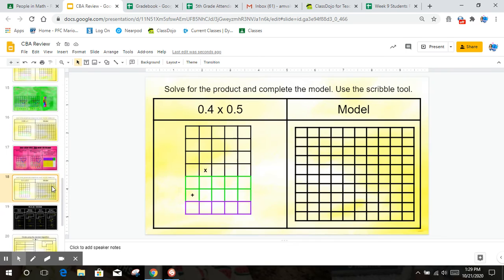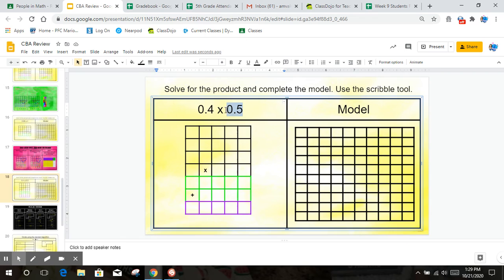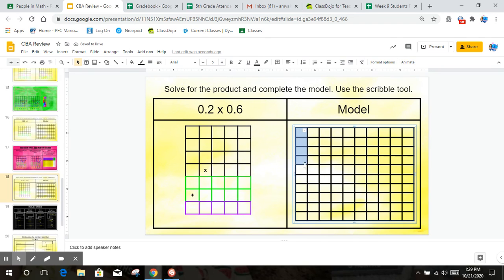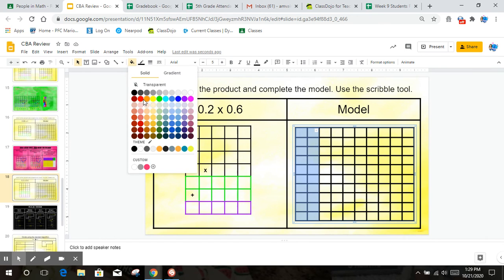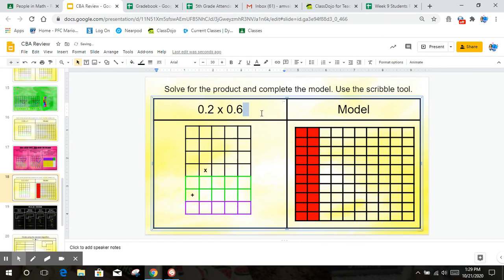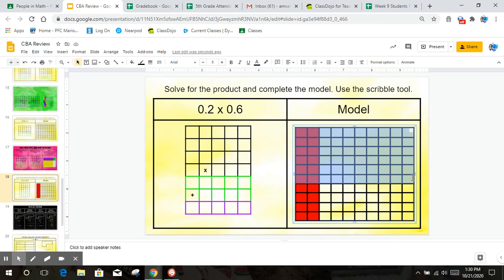Let me just go over this one. Let's pretend I had 2/10 times 6/10. Okay, so then I would highlight, this is 1/10, and then this is 2/10. Let's say I'm going to do red. And then I need to go across the 6/10. So this is 1, 2, 3, 4, 5, 6.